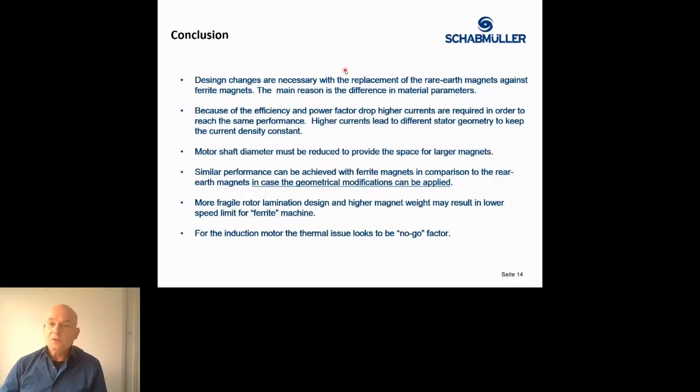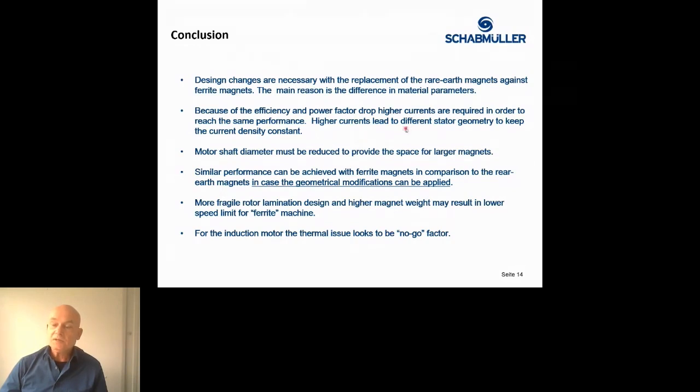So what might be the conclusion? In any case, design changes are necessary with the replacement of the rare earth magnets. Because of the efficiency and power factor drop, higher currents are required to reach the same performance. It's mainly related to the power factor.